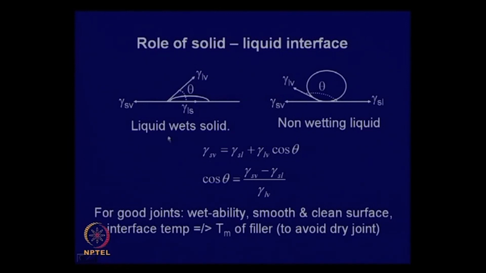To understand this, it is quite important to consider the role of the solid liquid interface. Suppose this is the solid layer on which you put a drop of molten metal. Depending on the respective surface tensions, this is the solid vapor surface tension, this is the solid liquid interface energy, and this is the liquid vapor interface energy.